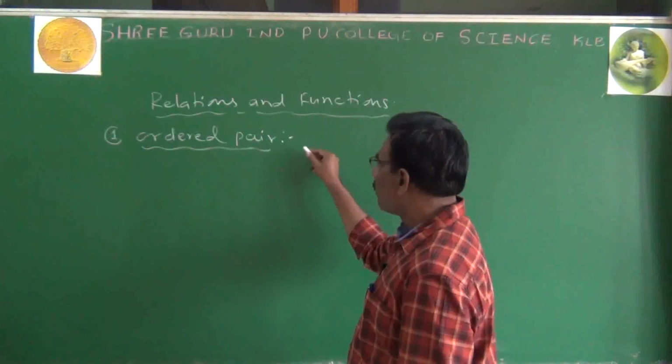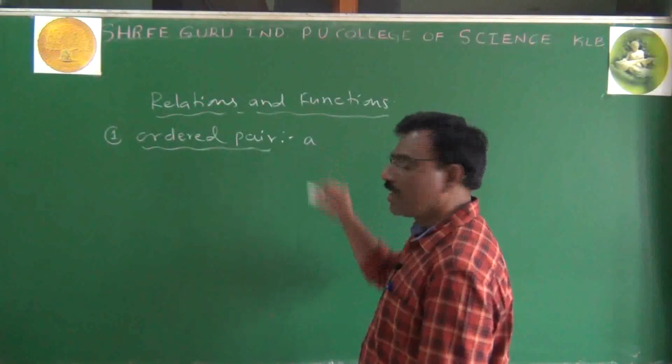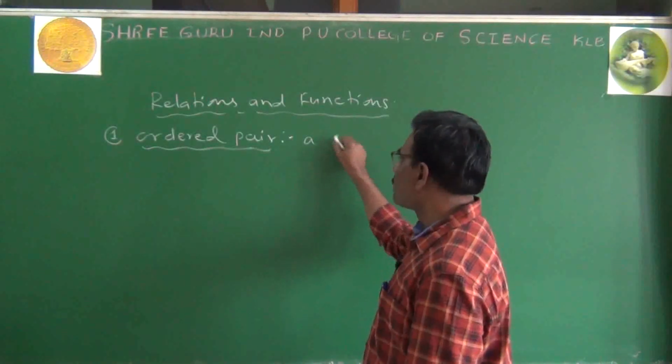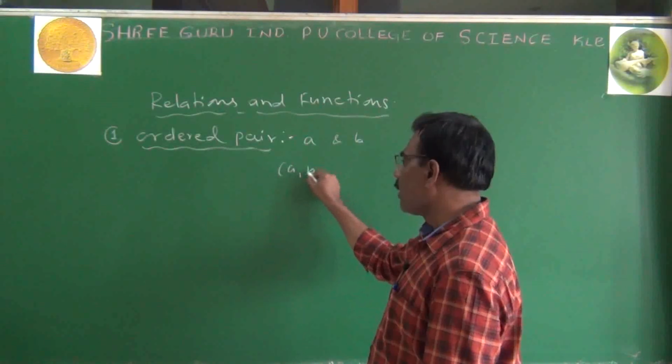In an ordered pair involving two elements, one is a, another is b, and it is denoted by (a, b).